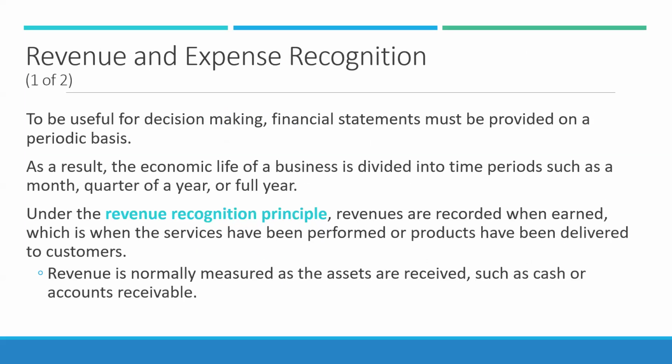For revenue and expense recognition to be useful for decision-making, financial statements are provided on a periodic basis. What does that mean? Well, our income statements are generally done every 12 months, from January to December. Some companies use a different fiscal period, but it's still, generally speaking, 12 months.